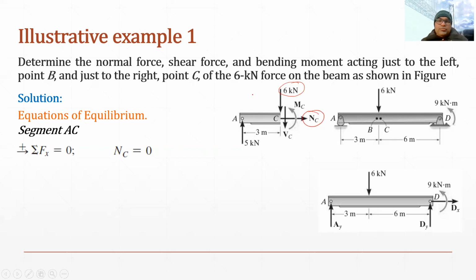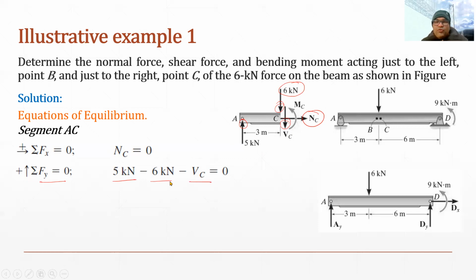Using the second equation, summation of Fy equals 0, as per the sign convention I mentioned in the previous slide, this upward force will be considered positive, and these downward forces will be considered negative. So we have 5 kilonewton minus 6 kilonewton minus Vc.